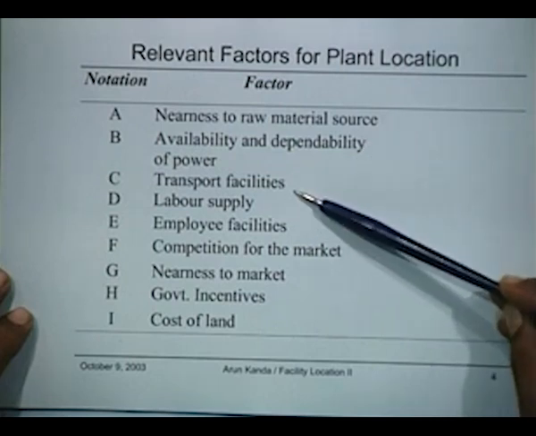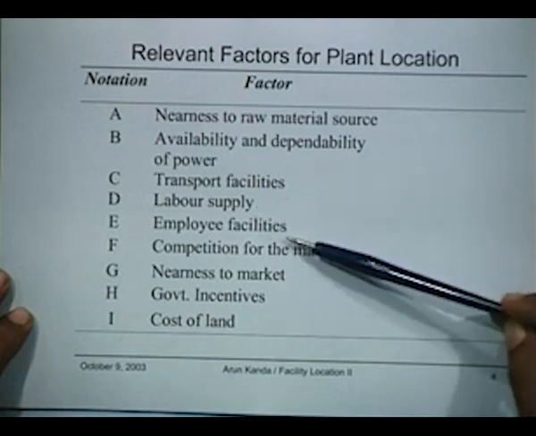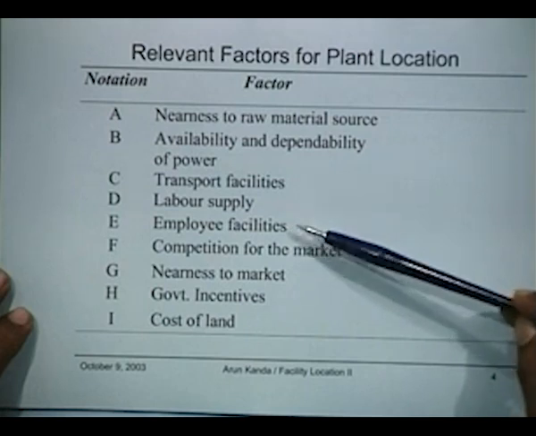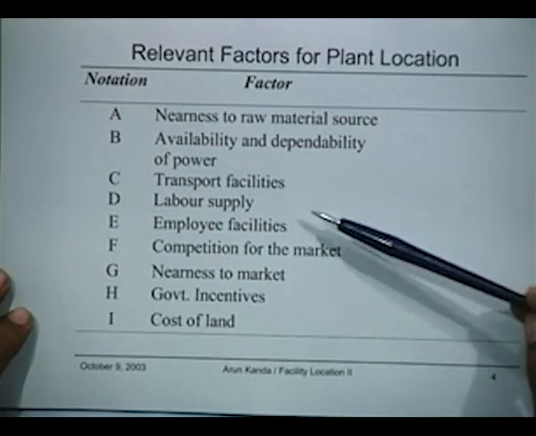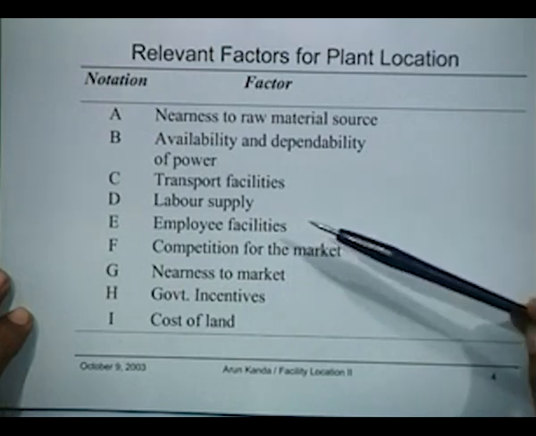Then the managers identified transport facilities as an important factor. Labor supply was another important factor. Employee facilities, the kinds of facilities that employees will have in terms of shopping, recreation, schools, etc. This was considered to be a factor in the beginning.